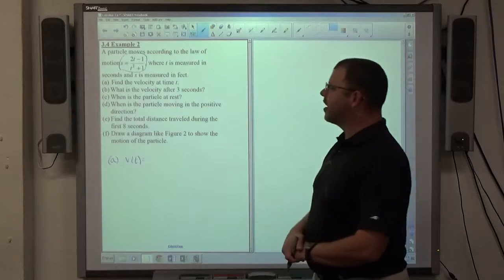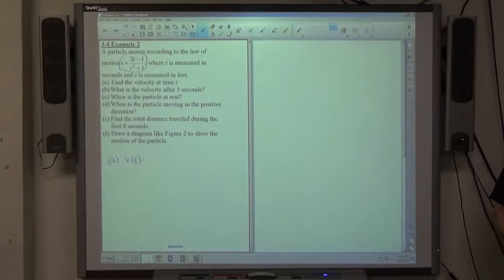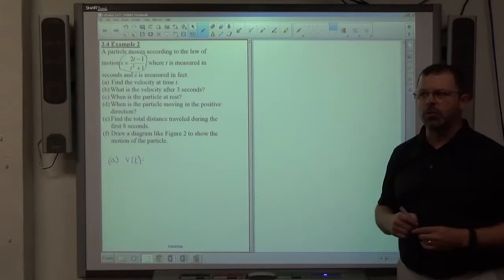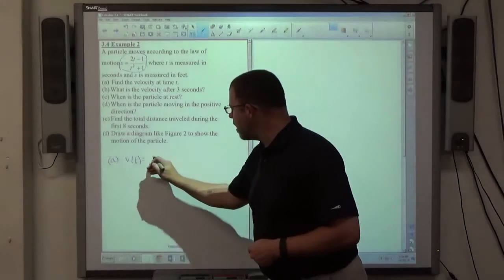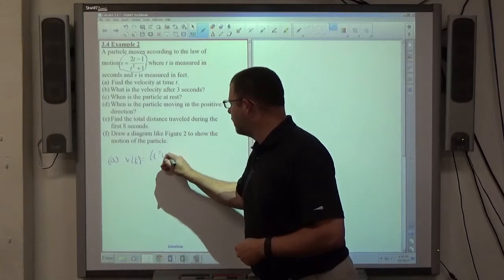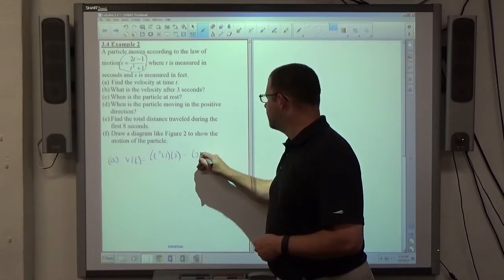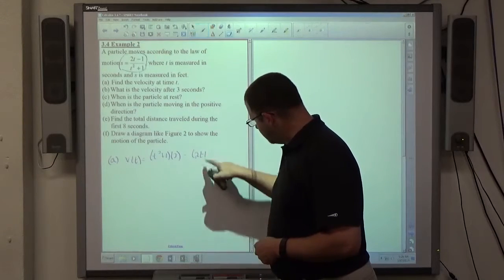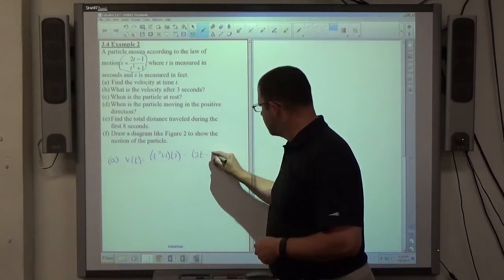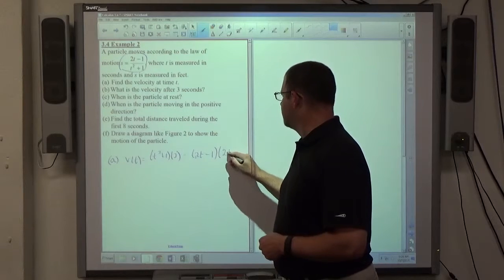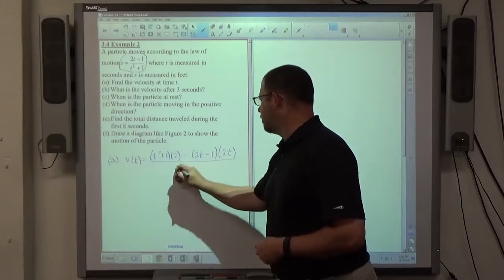As we can see, this is a quotient, it's a rational structure. I cannot make 2t minus 1 over t squared plus 1 any simpler than that using algebra, so I have to use the quotient rule. T squared plus 1 times 2 minus 2t minus 1 times 2t over t squared plus 1 squared.